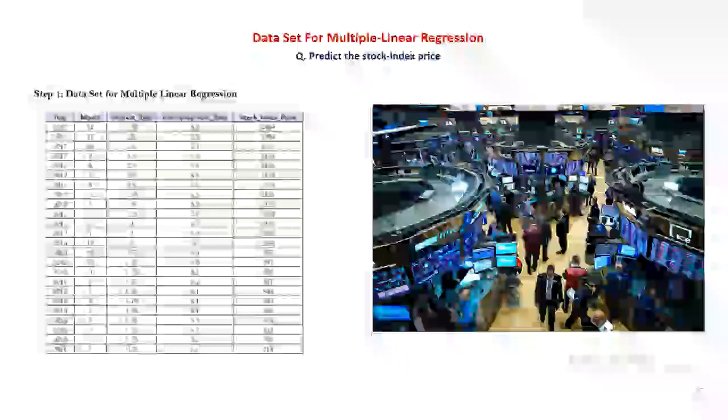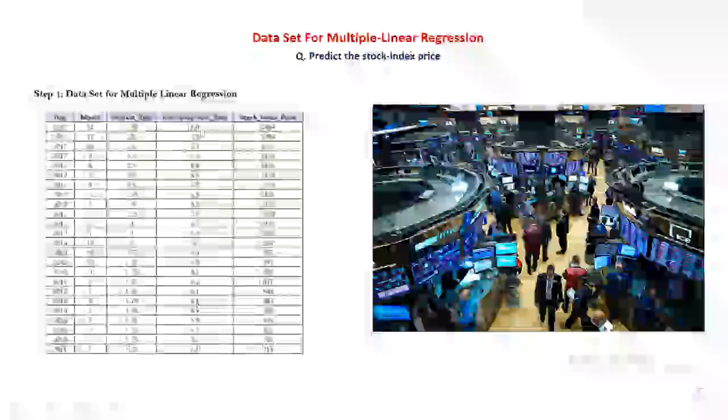So if you see this, the stock index price is your dependent variable, which depends on these factors. Maybe it depends on unemployment and interest rate, may not depend on the year and month, but obviously it depends on interest rate and unemployment rate. If the unemployment rate is, let's say, 6.2, the stock price is 7.4, so it is fluctuating.